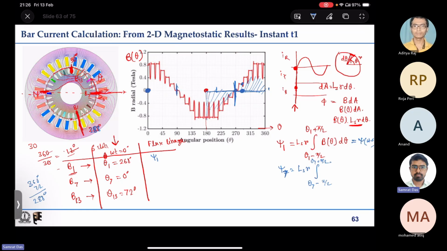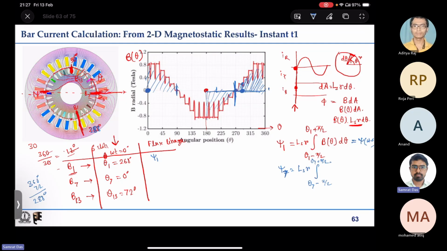So you can see that all the positive b is within this range. So this will have the maximum flux linkage, and so is this for b7.